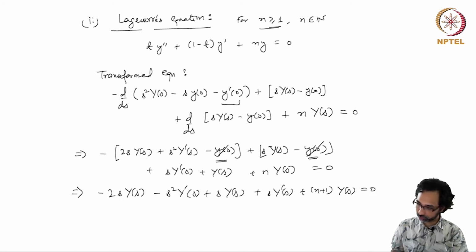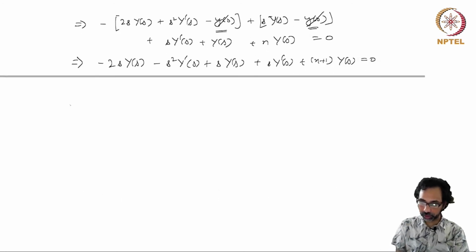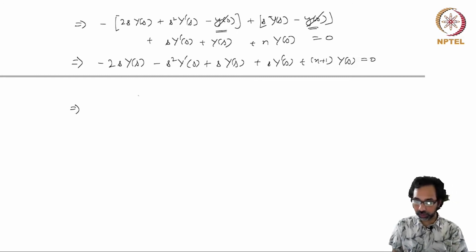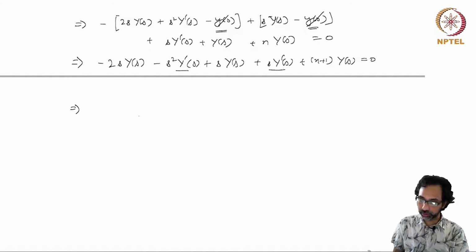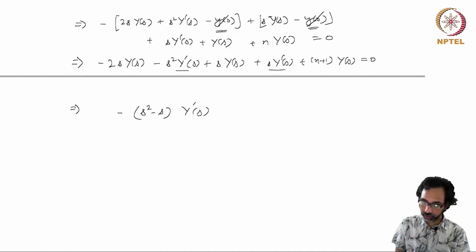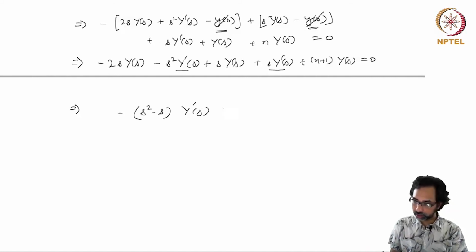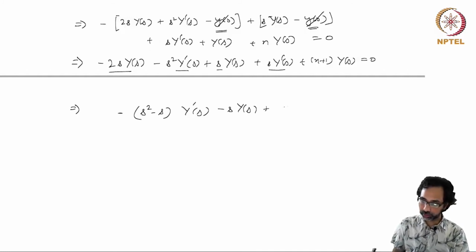So now let's try to find the differential equation by taking all the Y prime together. There is one term here and one term here. So you get minus (s square minus s) times Y prime(s) plus (n plus 1 minus s) times Y(s) equals 0.